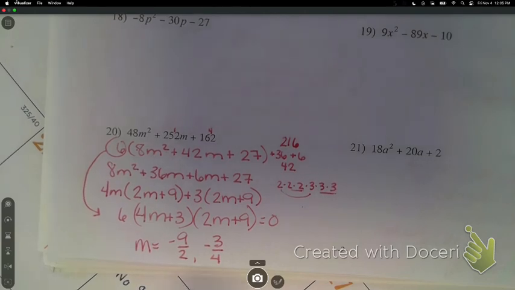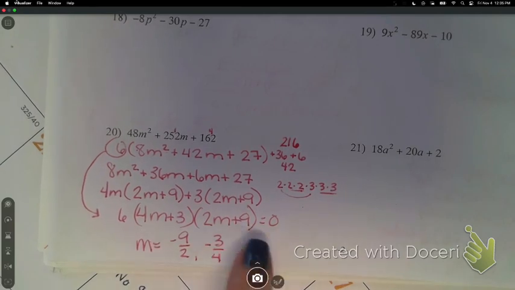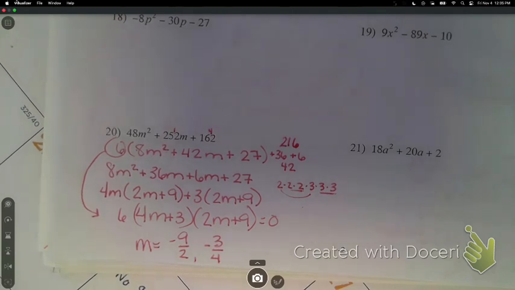I subtracted 3 divided by 4, subtracted 9 divided by 2. You're setting both. It's just a mini equation. So, did factoring go okay? Did solving go okay? Okay. I almost forgot my negatives, but that's okay.